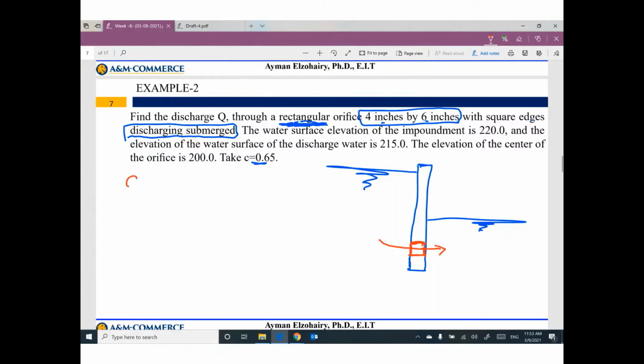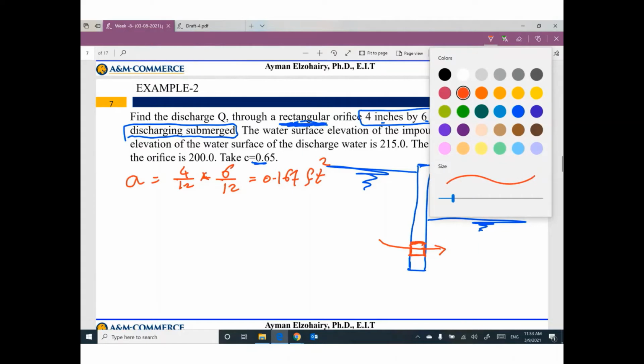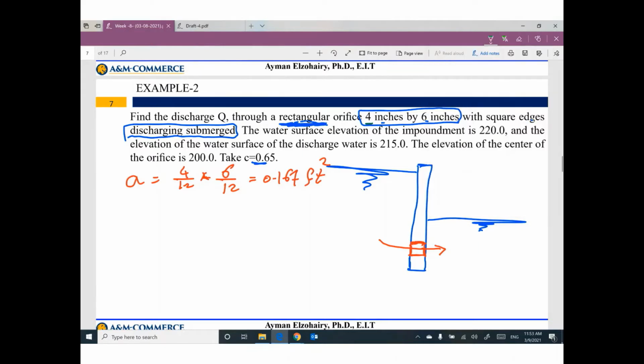The area of this hole is 4 inch times 6 inch, which will be 0.167 feet square. Guys, remember the dimension of the orifice is 4 inch, I divided it by 12 to convert it to feet. 6 inch, I divided it by 12 to convert it to feet. So the final area will be in feet square.